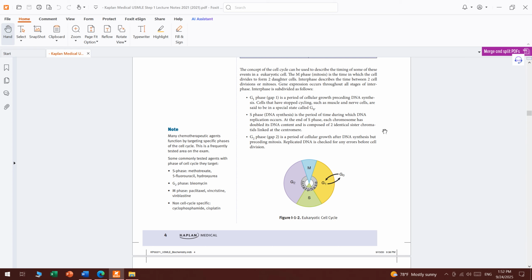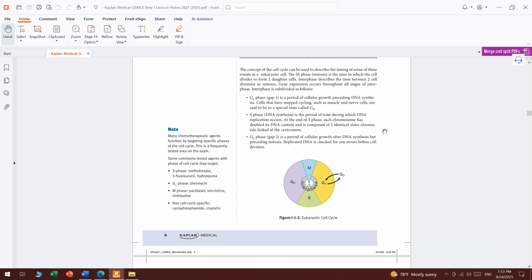Paclitaxel, vincristine, and vinblastine target the M phase, disrupting microtubule formation and function, thus hindering chromosome segregation and cell division. Some agents, such as cyclophosphamide and cisplatin, are considered non-cell cycle specific, meaning they can affect cells in any phase of the cell cycle, often by damaging DNA directly through alkylation or cross-linking.